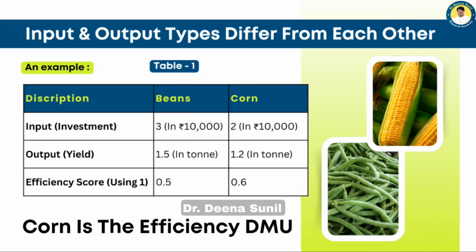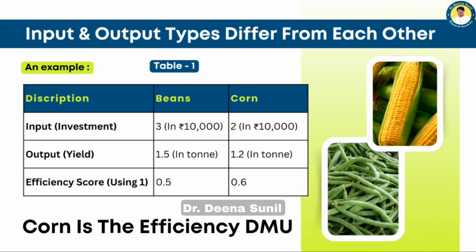The rule is that input and output type may differ, but you can see here in input the investment is there. In beans, 3 units, per unit 10,000, the type is currency and the unit is 10,000. And in case of corn, in input, investment is 2 units, the type is currency and the unit is 10,000.